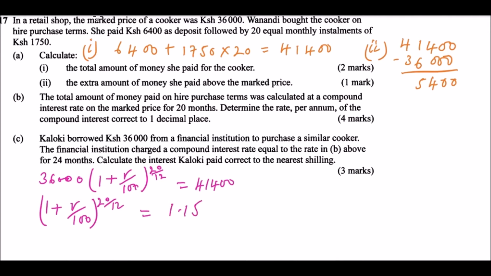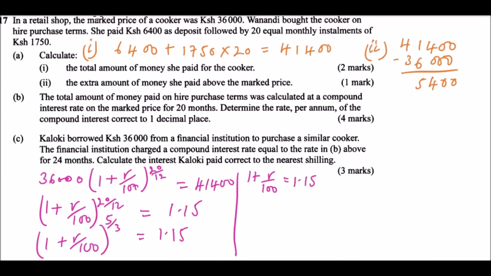This you can write as 1 plus R over 100 to the power, simplifying, if you divide by 4, 5 over 3, equals 1.15. So with that, we can get the inverse of this. We'll be able to write 1 plus R over 100 is equal to 1.15 raised to power 3 over 5. So there you get the inverse.